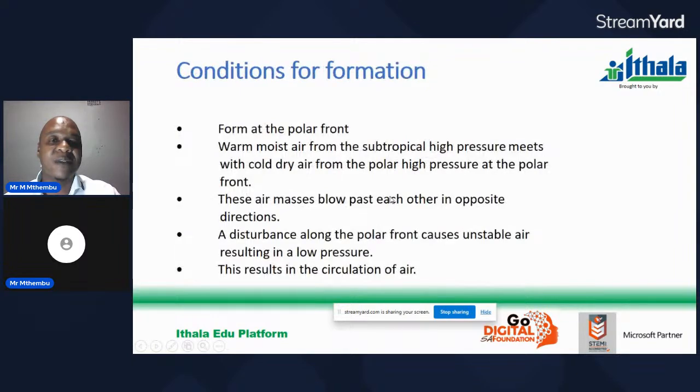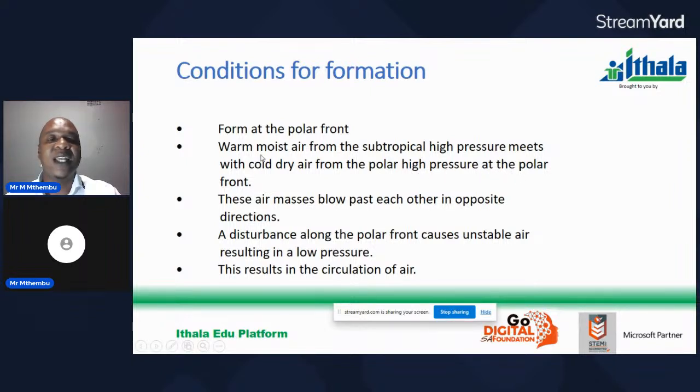Now let's go on and look at the conditions for the formation of a mid-latitude cyclone. It forms at the polar front. Warm moist air from the subtropical high pressure meets with cold dry air from the polar high pressure at the polar front.